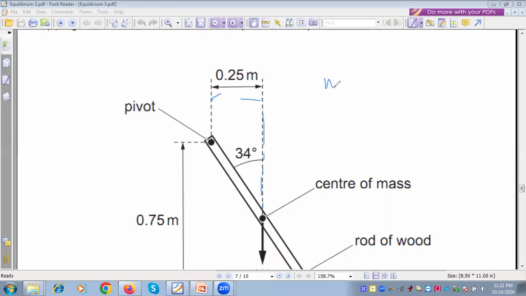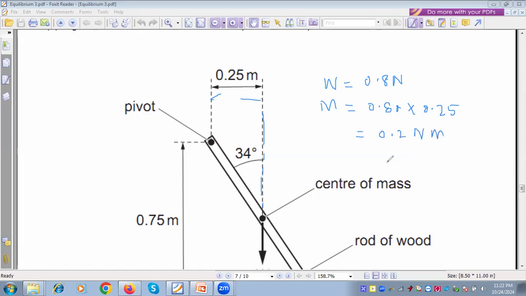W is 0.8 Newton if you use g equals 10, so the moment will be 0.8 into 0.25, which gives us 0.2 Newton meter.